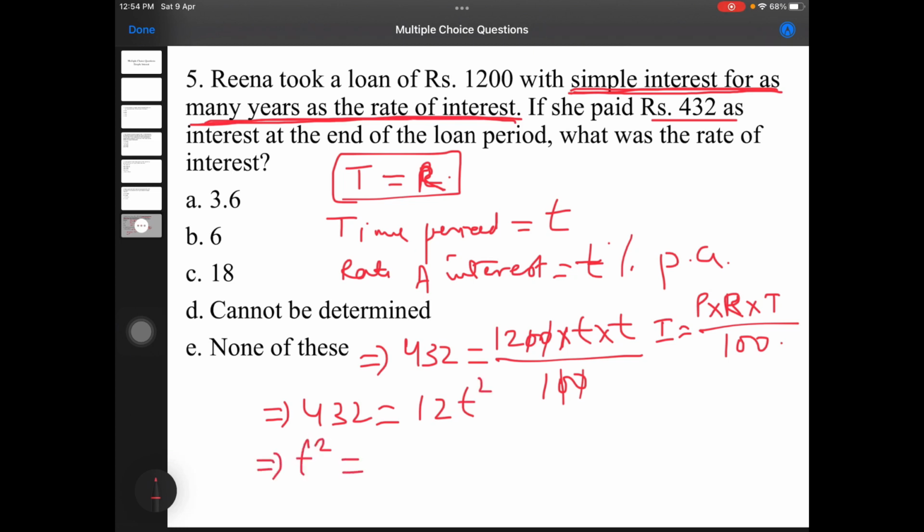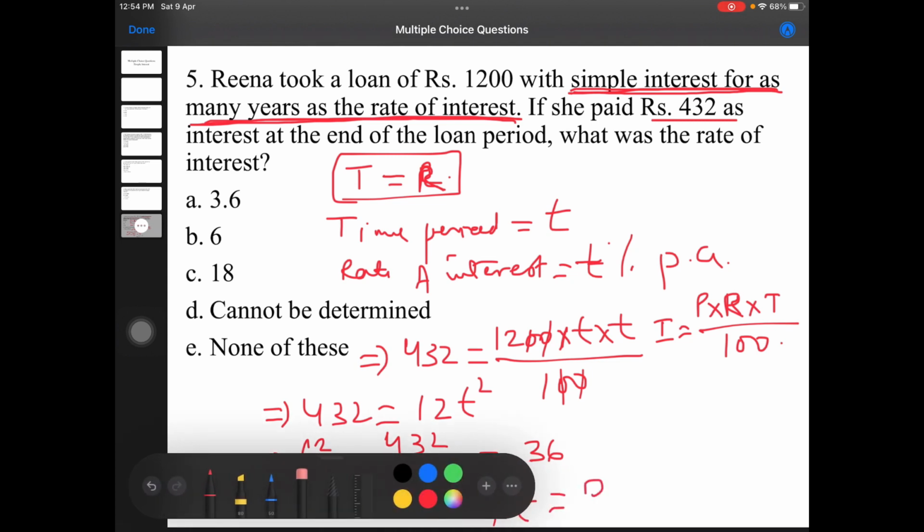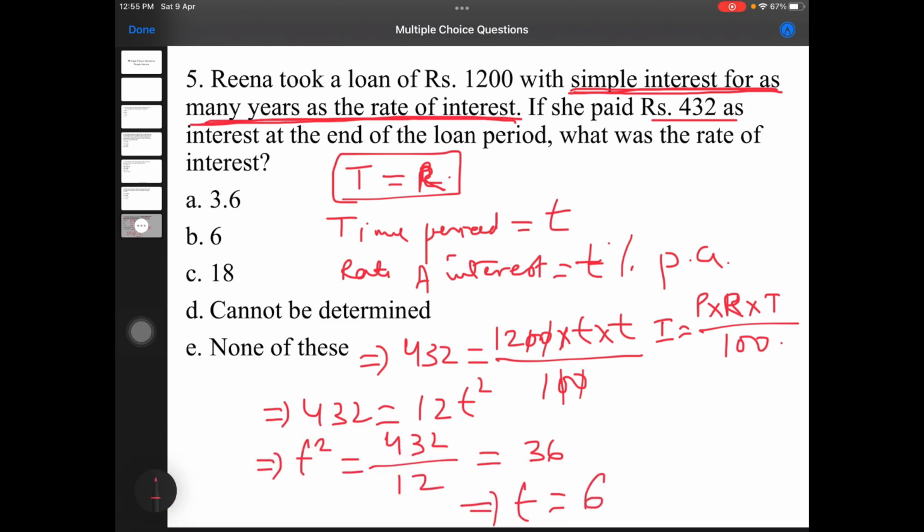And from here T square will be 432 divided by 12, which is equal to 36. So T will be the square root of 36, which is 6. So that means the time period for her to complete her loan is 6 years, and the rate of interest is equal to 6% per annum.